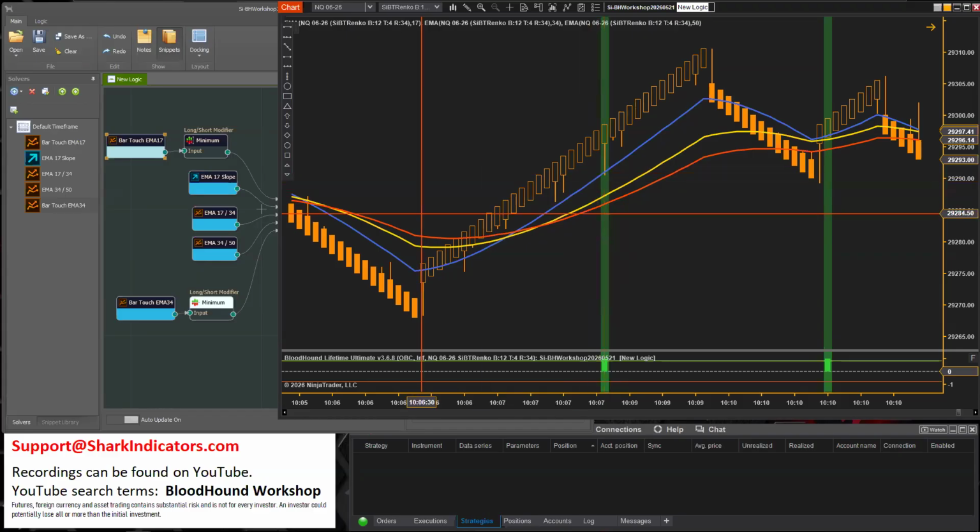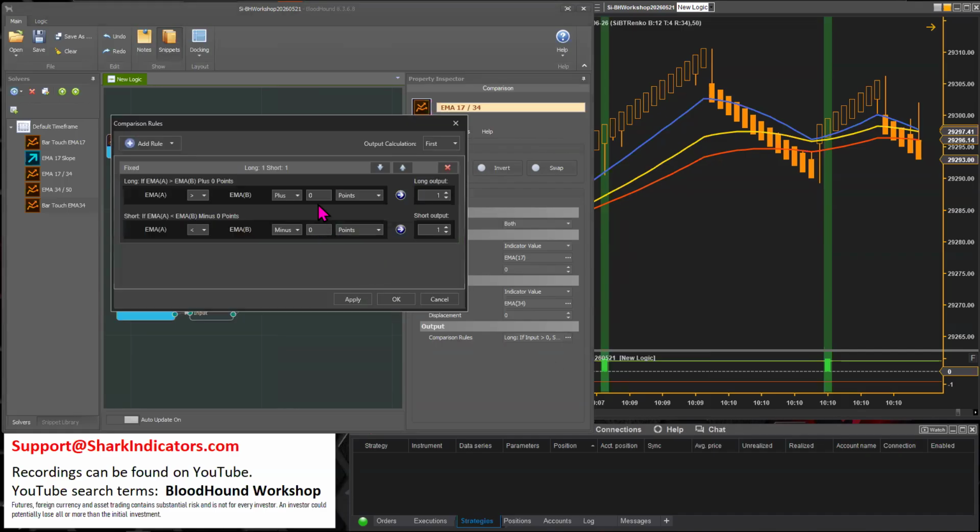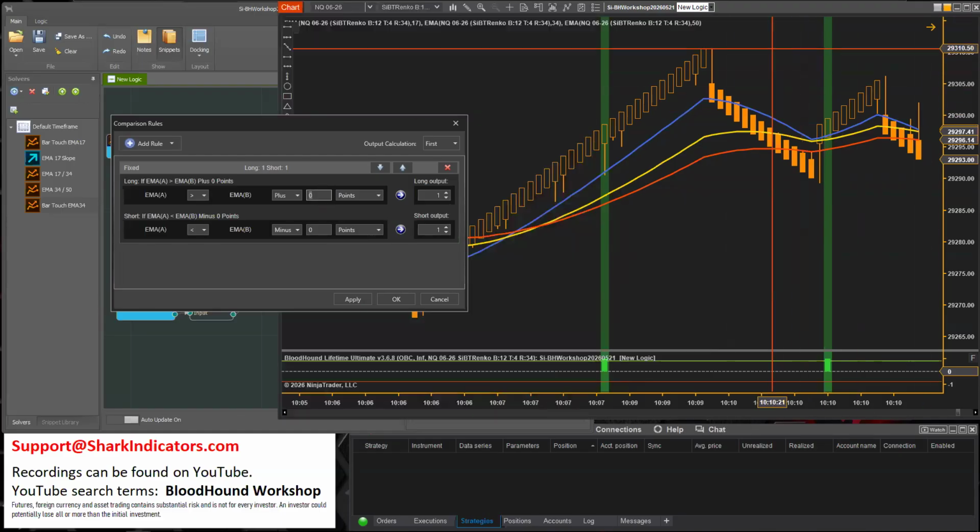So here, this solver where we're comparing those two EMAs, we could go into the rules window and say we need at least, I don't know, what am I on here?